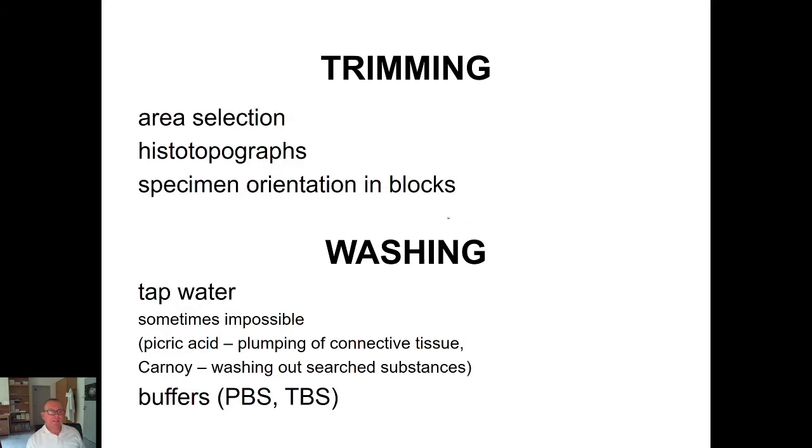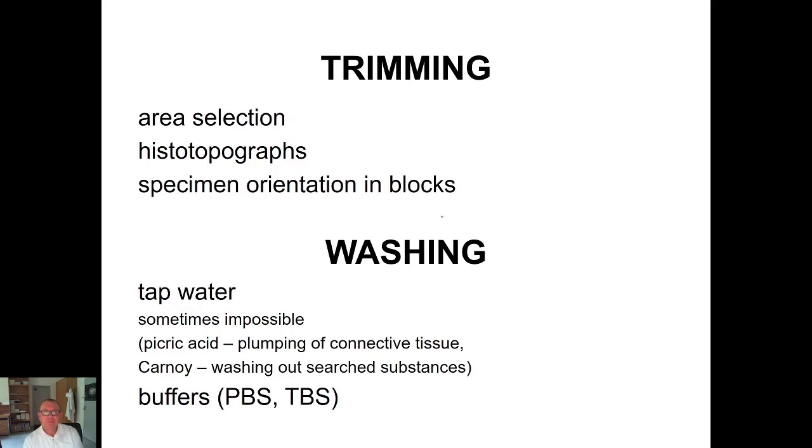We can say to our laboratory assistants how we want to orient the tissue, if we want to section it longitudinally, transversely, circularly, if we want to trim and cut everything or only some parts of our specimen, and so on.